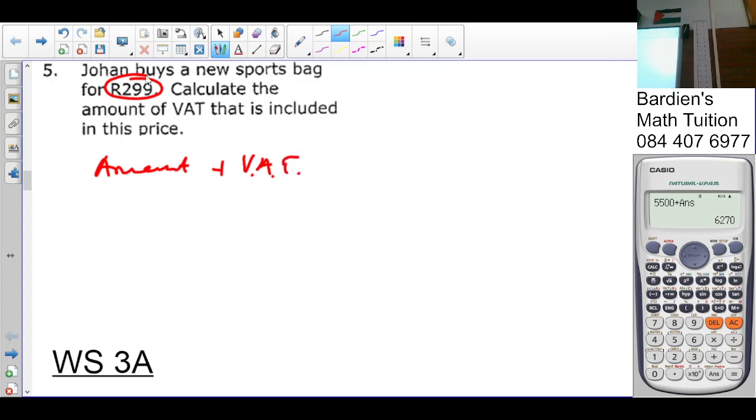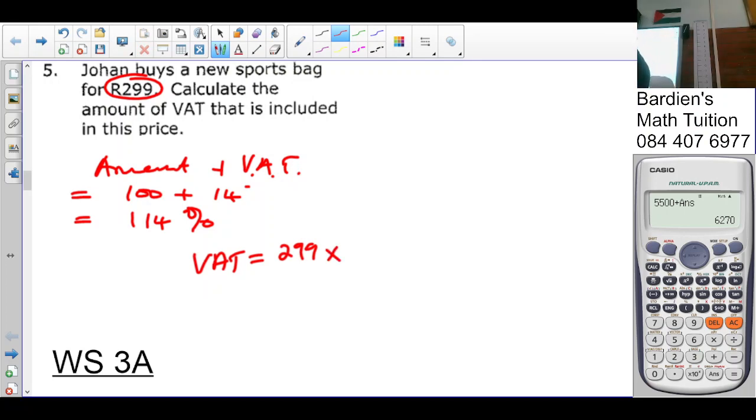So the amount is 100% plus how much is VAT? 14%. So in other words, this gives you 114%. So when we want to work out the VAT amount, the VAT, value added tax, is going to be 299 Rand multiplied by the fraction: 14 of 114%.